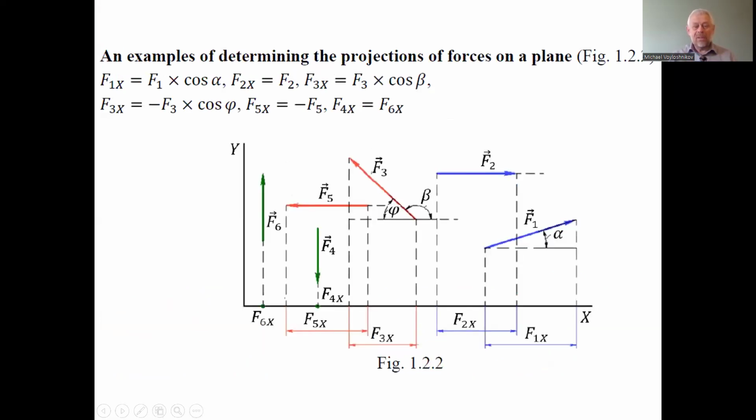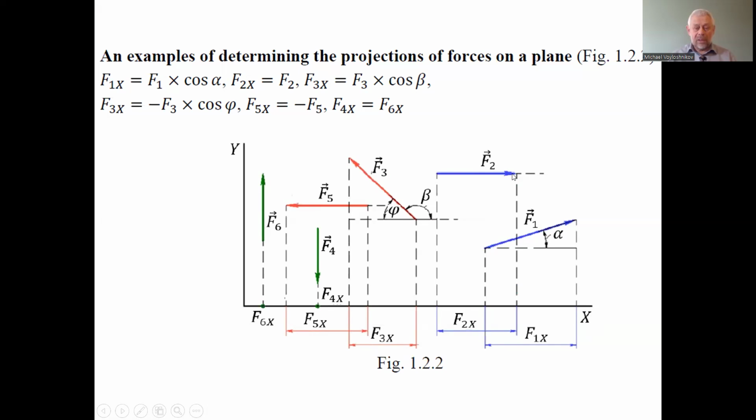Examples of determining the projections of forces on a plane. We can consider the following examples. First, the projection of the force F1 onto the abscissa axis. We use the same rule: multiply the magnitude of the force F1 by the cosine of the alpha angle between the direction of the force and the direction of the abscissa axis. This angle is determined counterclockwise.